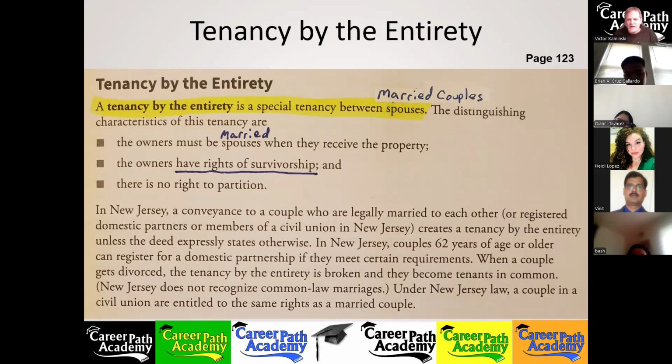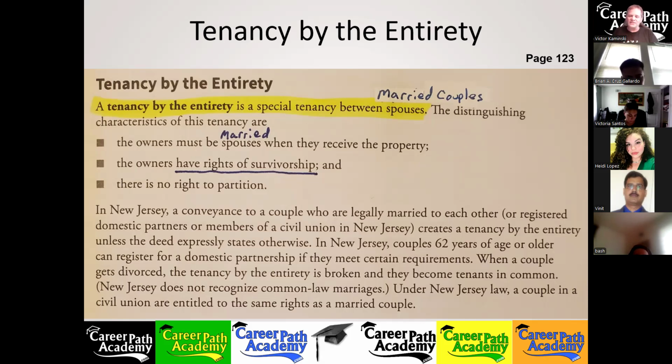You guys know what a common law marriage is? No? I'll explain it on the next slide. A lot of people misunderstand common law marriage as being if you are living with your significant other for a long enough period of time as defined by state law, you're automatically considered married. That's not entirely true.